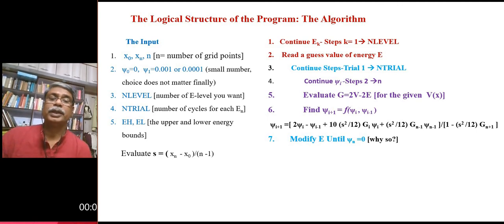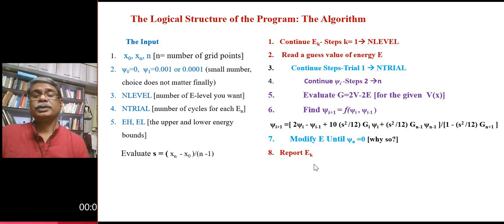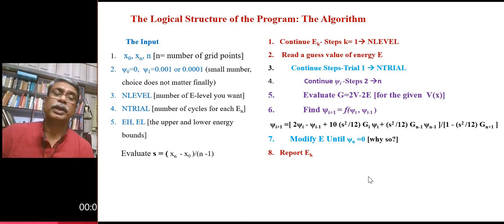So you will not get a normalizable wave function unless E becomes the exact energy. You have started with an arbitrary guess, so naturally you have to modify E until you get psi n equal to 0. And once you get it, you report that energy value as the kth energy value, because it is over k equal to 1, 2, 3 up to n level. So that is how it works.